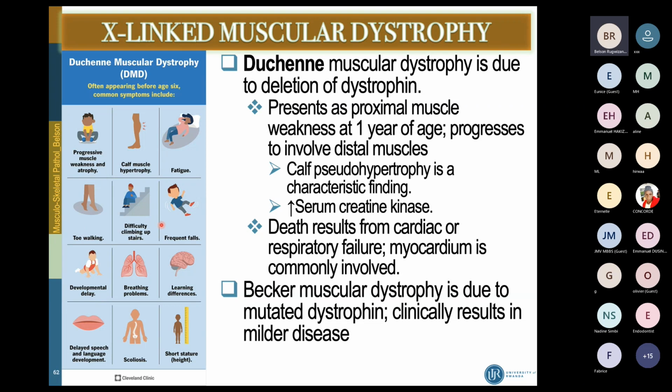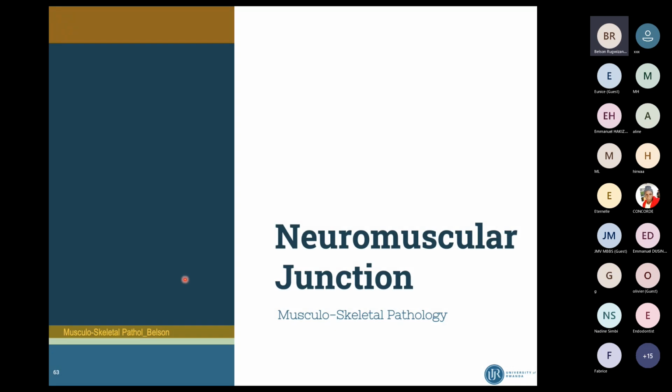Difficulty climbing upstairs, frequent falls, developmental delays, the child will be late to stand or crawl, breathing problems, learning differences, delayed speech and language development, scoliosis, and short stature in height. So these are some of the characteristics of Duchenne dystrophy.